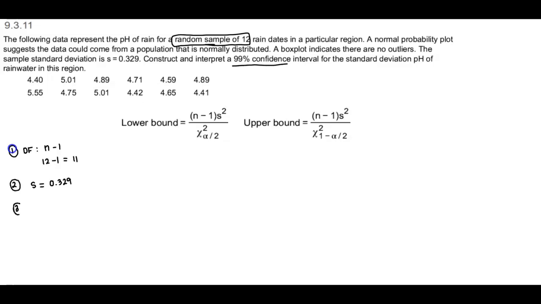To find alpha, it's going to equal 100% minus 99%, which gives us 1%, which is 0.01. Then we take alpha and divide it by 2. 0.01 divided by 2 is going to equal 0.005.